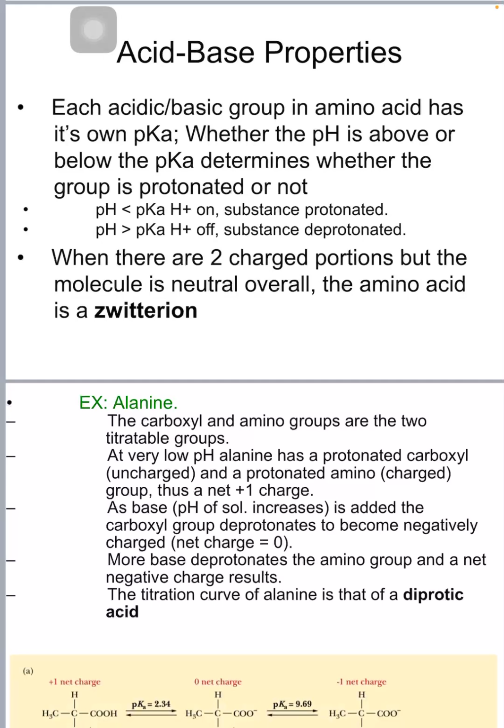Depending on the protonation states in your amino acids, that can change the overall charge on the amino acid, right? You could have an overall neutral molecule. You could have a negative one, a positive one, or even get into a negative or positive 2 in certain cases, right? So we're going to take a look at how that happens here.